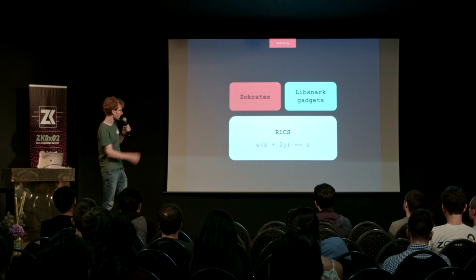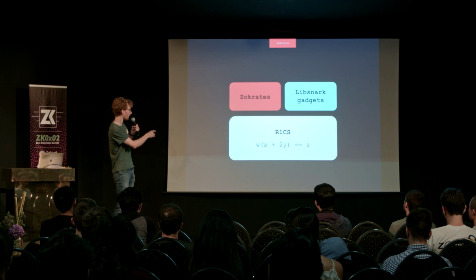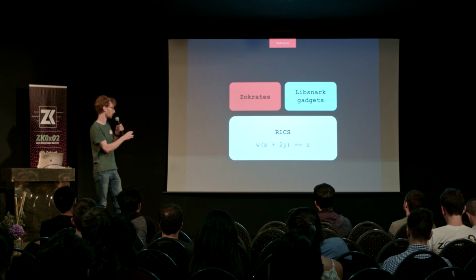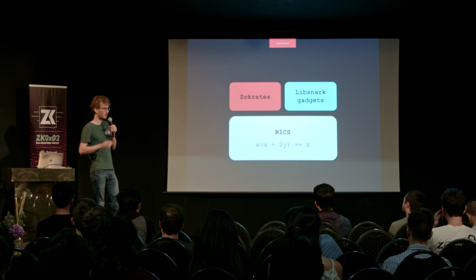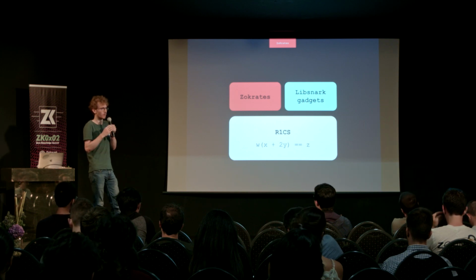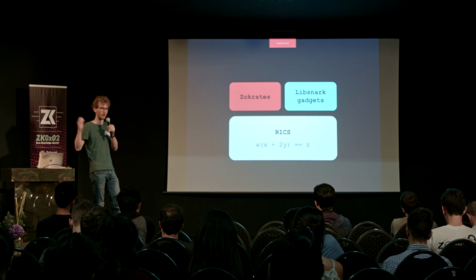So in terms of arithmetic circuits, you can think of it as a circuit that has plus gates and multiplication gates. And in this case, each variable lives in a prime field, which is basically a field whose size is a prime, a very big prime, right?